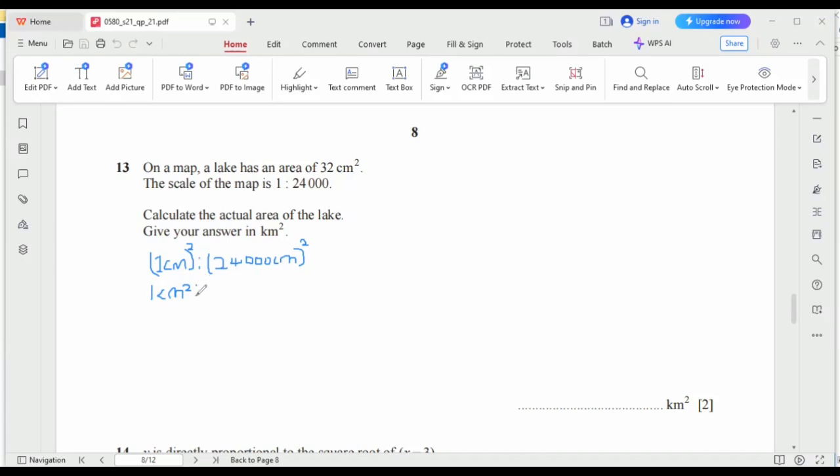1 cm squared on the map would be, then you square 24,000. When you square 24,000, you should get 576 million. I'll write it in expanded form just to make sure I'm not confused: 576 million, so I have 6 zeros to write.